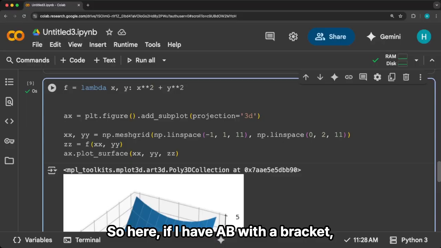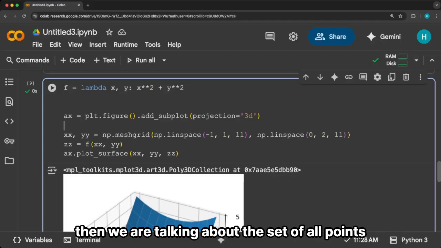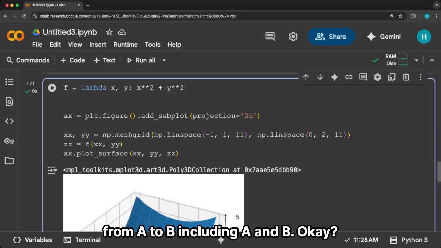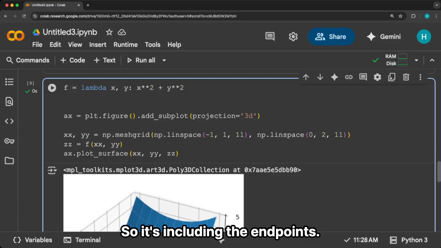So here, if I have A, B with brackets, then we are talking about the set of all points from A to B, including A and B. So it's including the endpoints. If on the left is a parenthesis, but on the right is a bracket, then I'm taking the set of points without the left end, but including the right end.